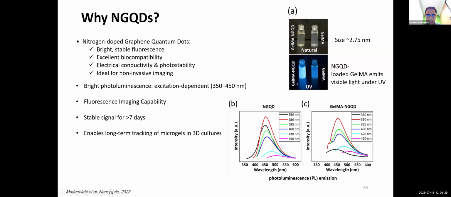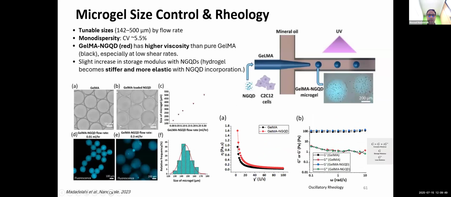For example, here we added NGQD to GelMA to introduce some fluorescent characteristics to this hydrogel, and we could show that this characteristic is very, very stable for even more than 7 days.